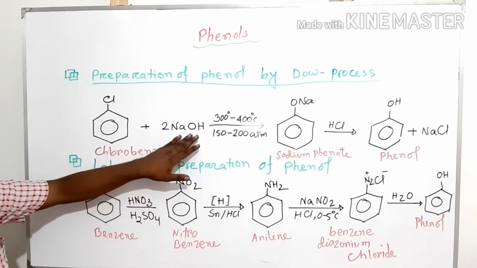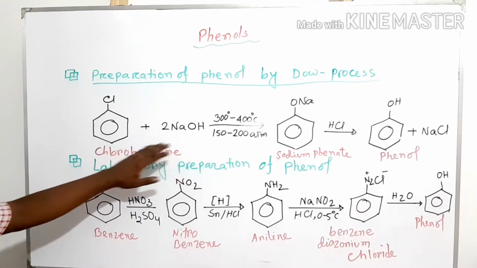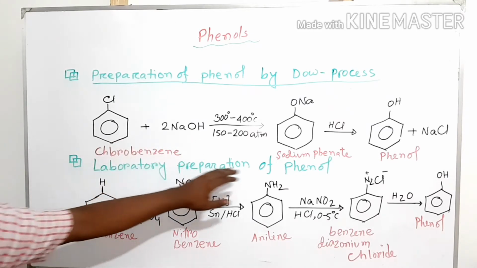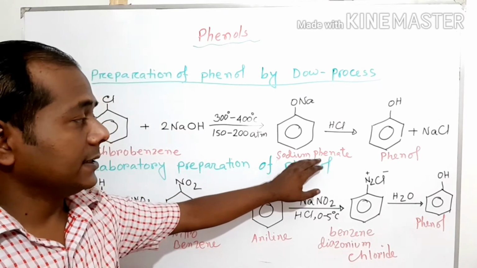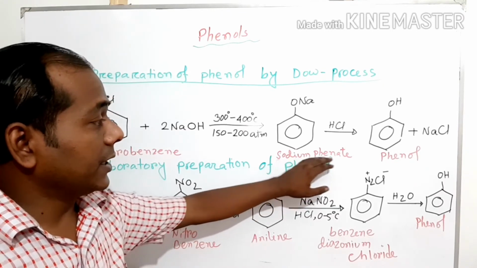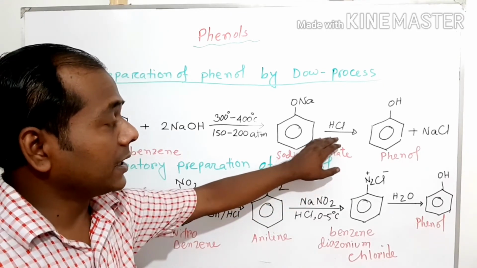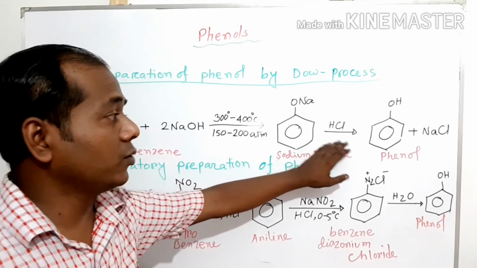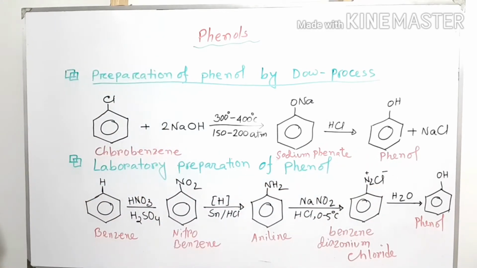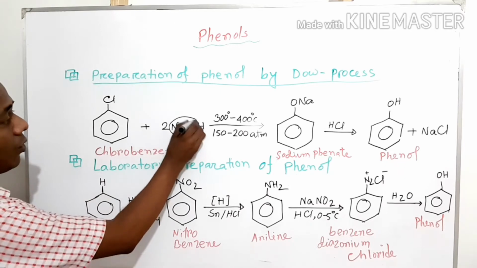Sodium hydroxide reacts with chlorobenzene and produces sodium phenate, and after producing sodium phenate, if it reacts with HCl or acid, then we get phenol.